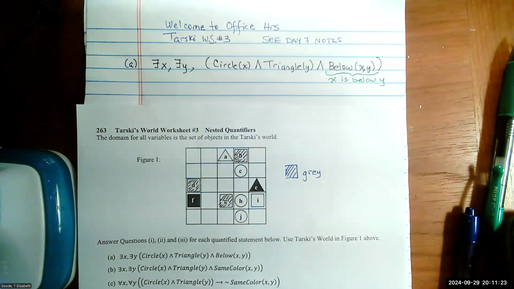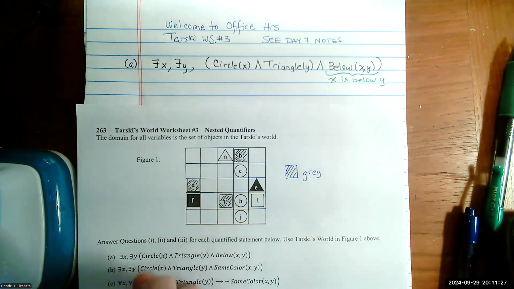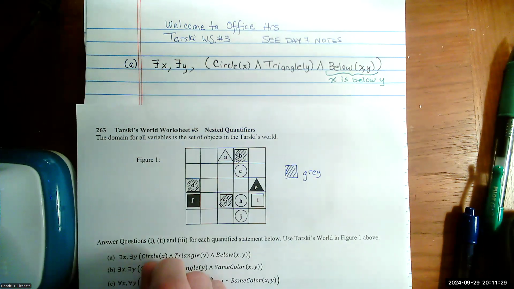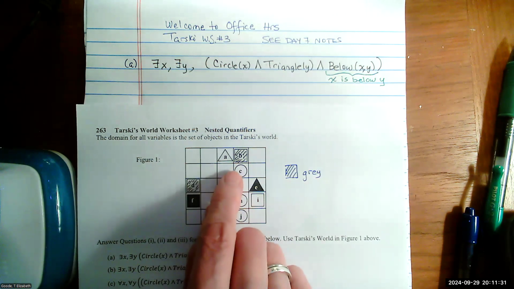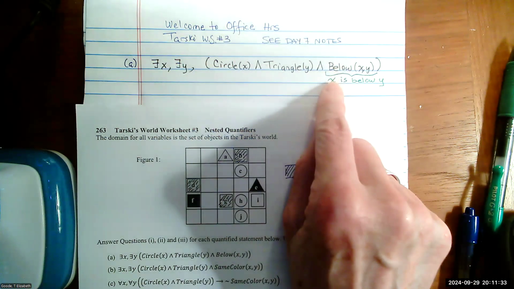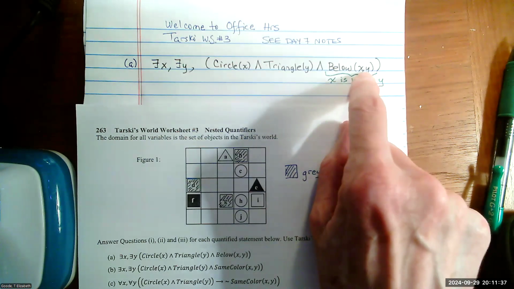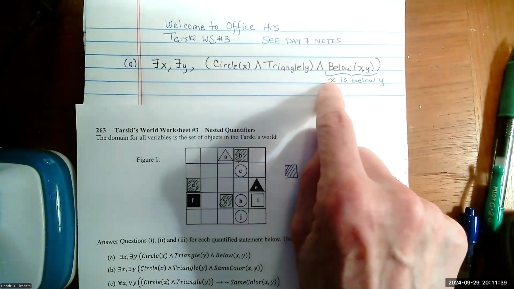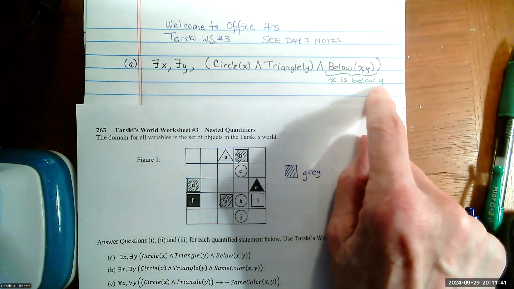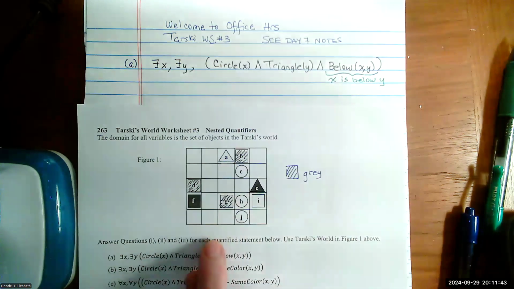Nope. So try again. I can't find a triangle that's below. No. The circle is X. See, the X comes out front. Circle X is below triangle Y is what we want.